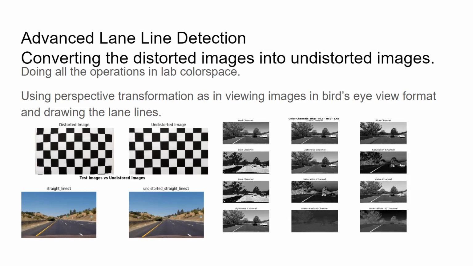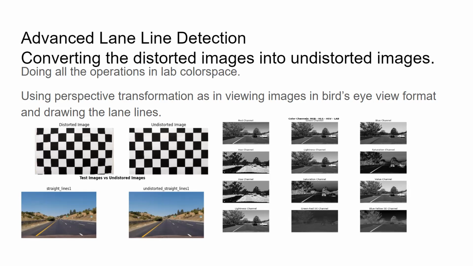Now we explore these images again in the various color spaces. Here we explore the images in each channel of the color space. For example, in RGB, we examine the images in the red channel, green channel, and blue channel. Here we observe that in RGB color space, the blue channel detects the yellow line poorly, but in HLS color space, the lightness and saturation channels perform very similarly.